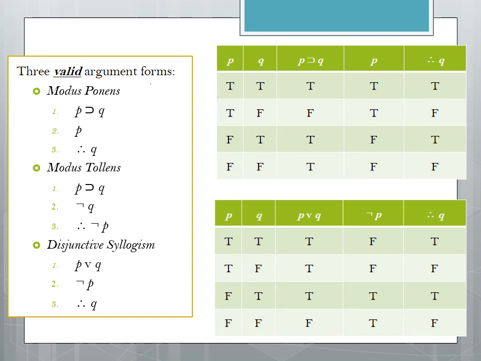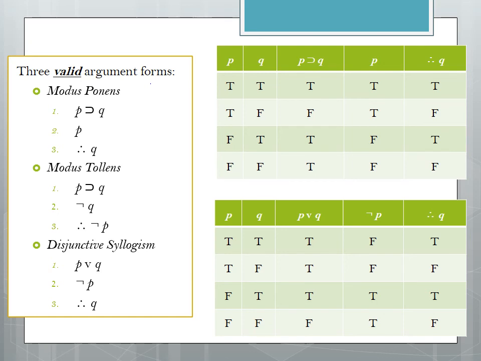If we look at these 4 rows, we see that the only row that has all true premises is the third row. On the third row, all the premises are true. Maybe I should have emphasized this earlier, but the base columns are not the premises. The base columns are something different.